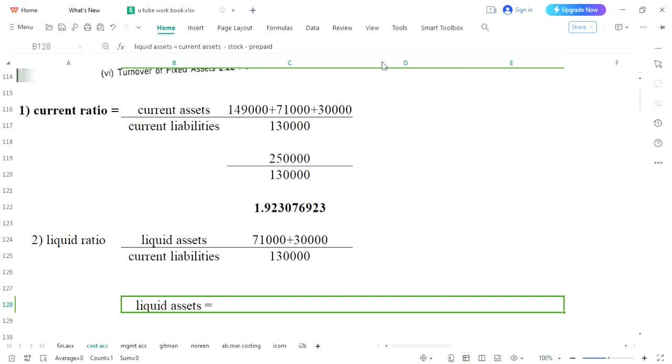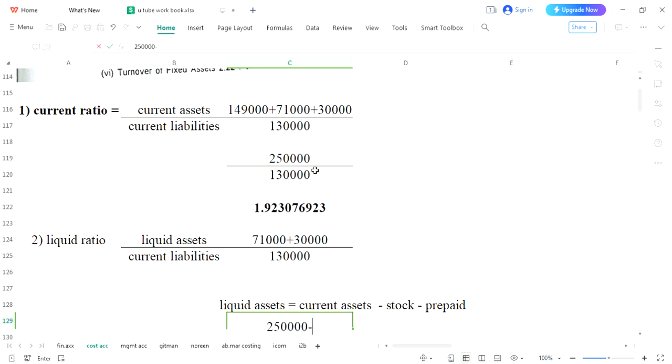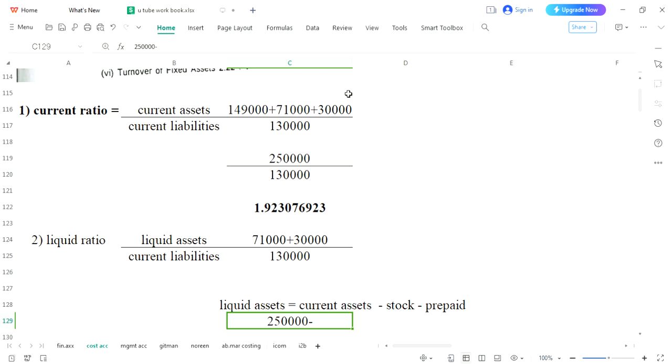Though we already have calculated liquid assets, this is the indirect method. Current assets we have calculated to be 250,000, and we need to subtract stock. As you know, stock value is 149, so just subtract 149,000.